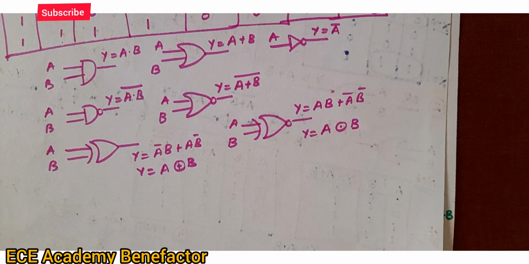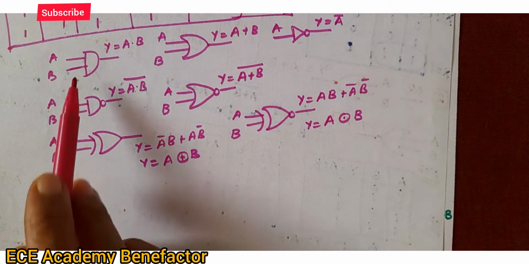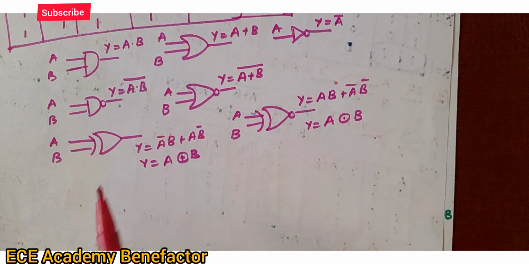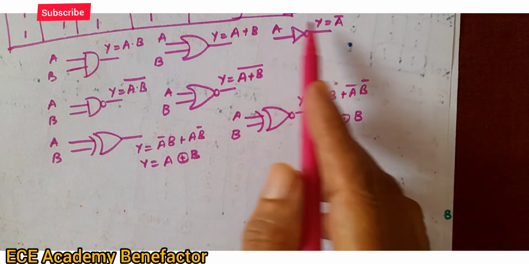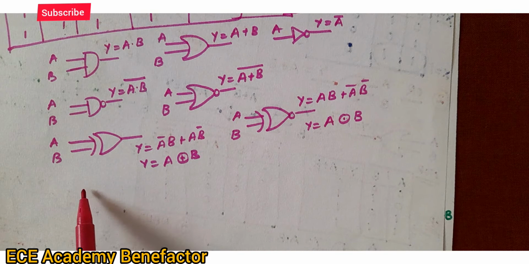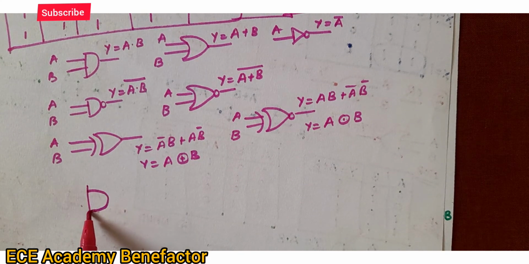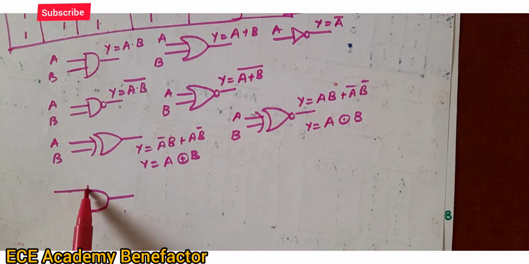One more point we can cover here: except for the NOT gate, the other gates can have n inputs. Suppose an AND gate, we can have n number of inputs.